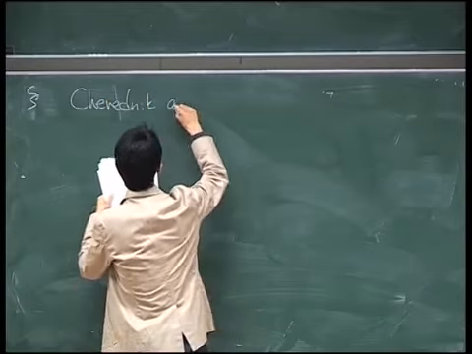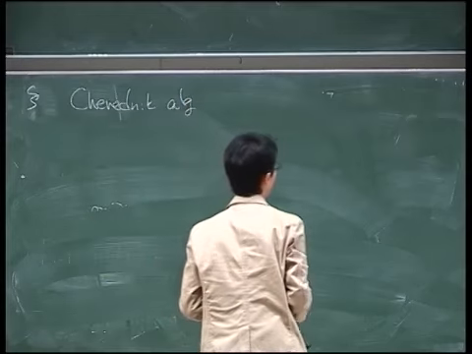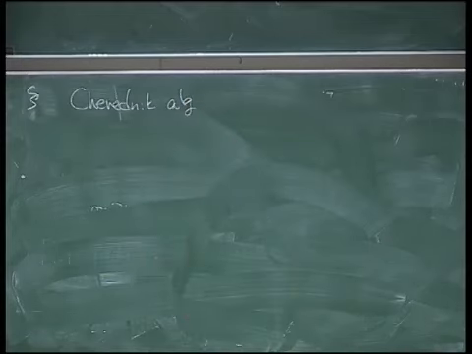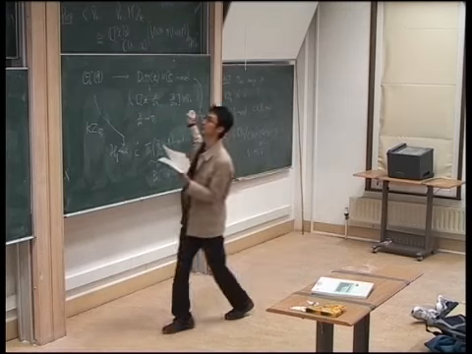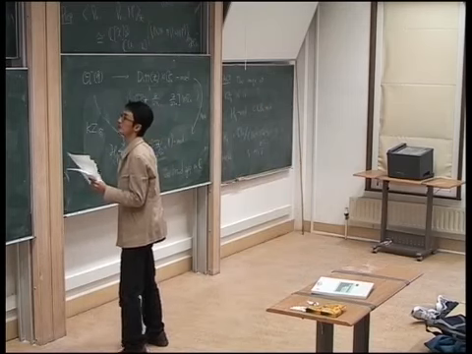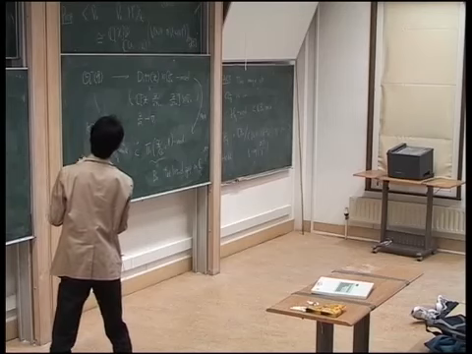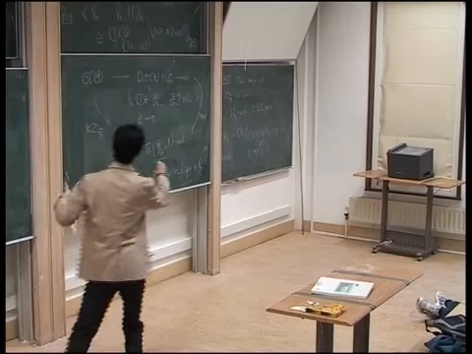Stop. So we have found two algebras, affine Lie algebras and Hecke algebras. And where is Cherednik? Here.